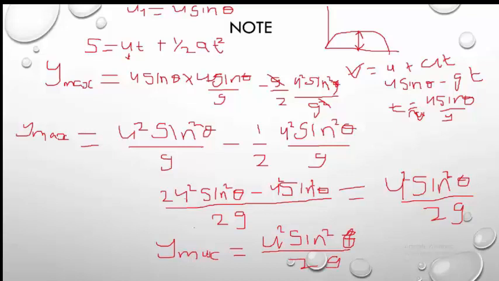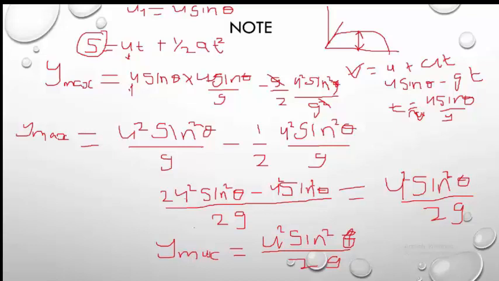So this is the distance to the maximum height, and the calculation was done from this equation of motion ut plus half at squared. Even under examination conditions, you don't need to derive the equation, you can put in the value of your initial velocity that you have been given.